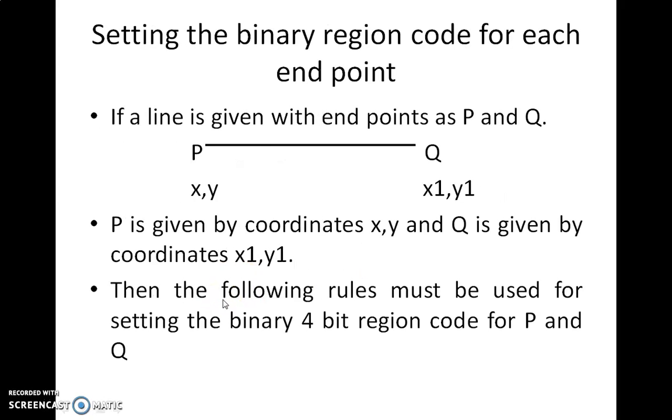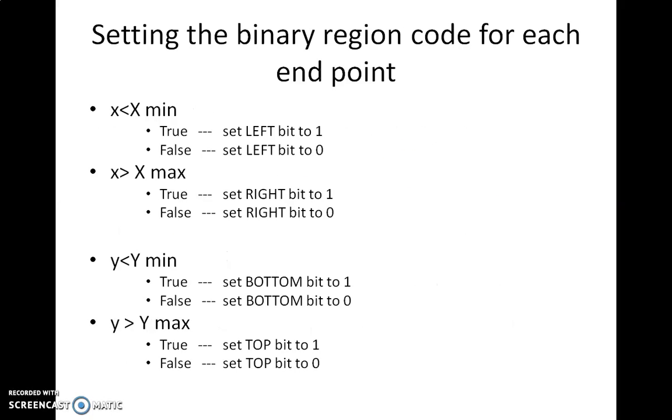We will see what that is. Given a line segment with P and Q as endpoints, P having x, y coordinates and Q having x1, y1 coordinates, we have to find the 4-bit binary region code for P and for Q, and then do the visibility test based on the codes.